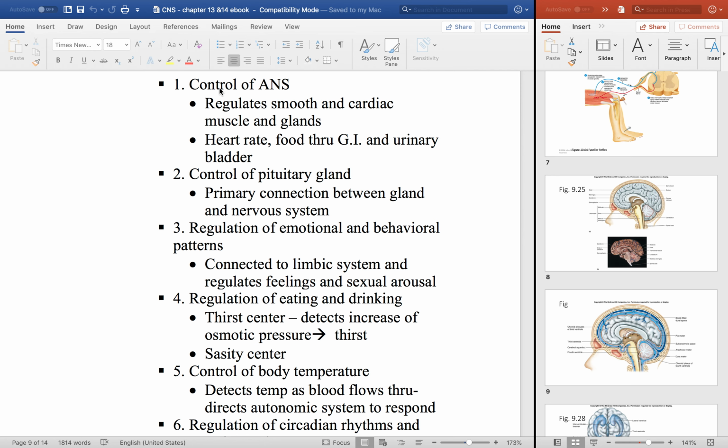It does control the pituitary gland because it's directly connected to it, and that's what controls growth factors and things like that, and also the sexual maturity as far as developing secondary sexual organs.